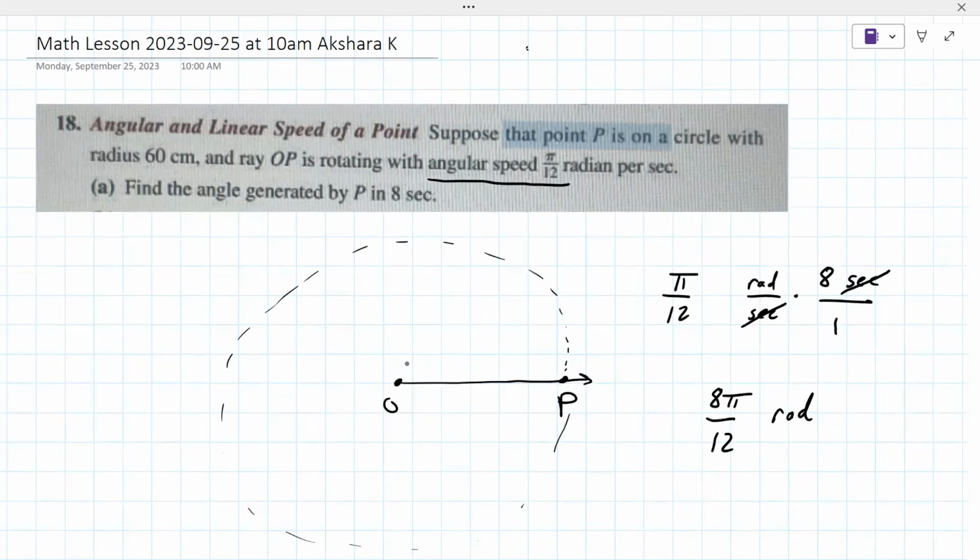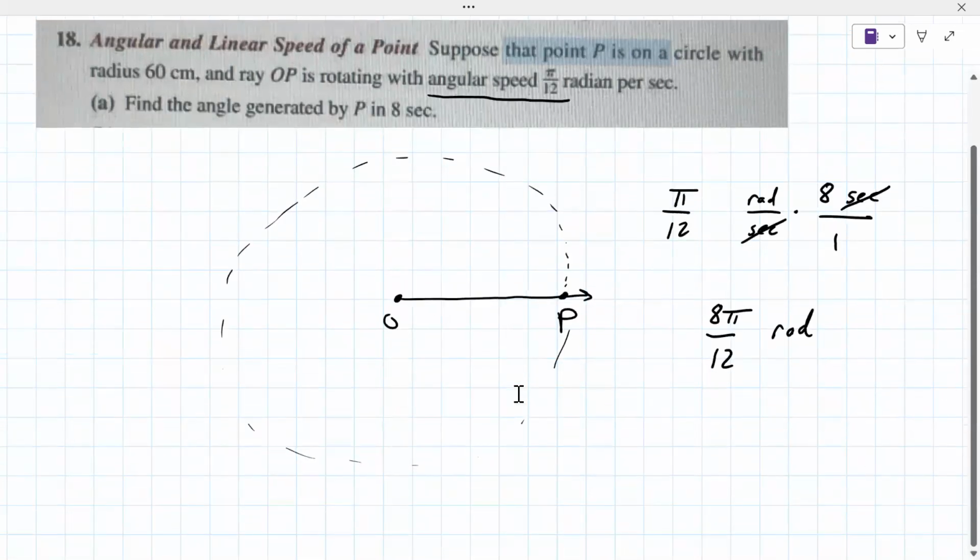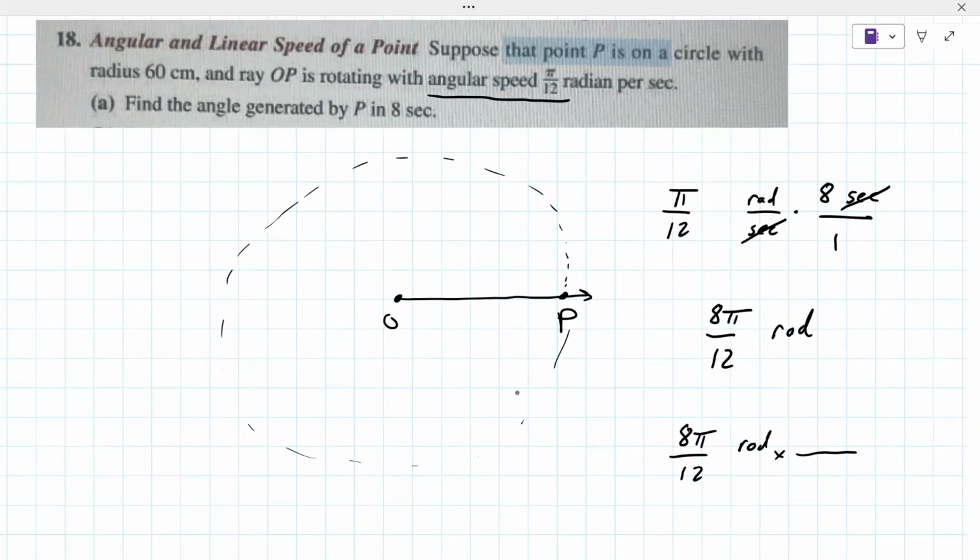Is that okay so far? Yeah. Let's say we wanted to convert this to degrees to know how many degrees this is, because radians don't mean much to us. To do this, you multiply by 180 over pi, to convert it to degrees.